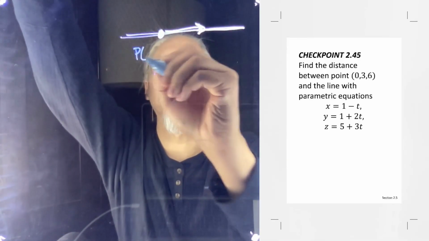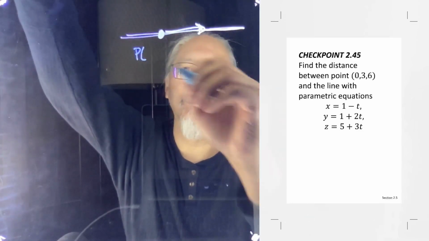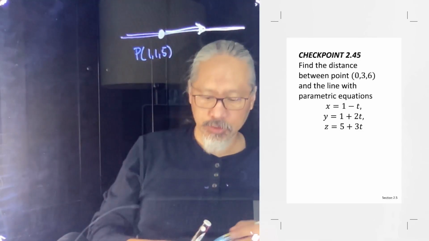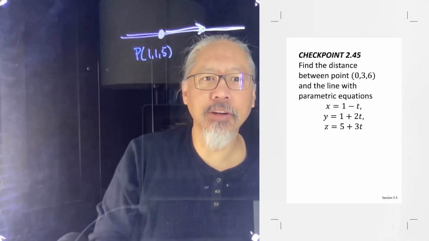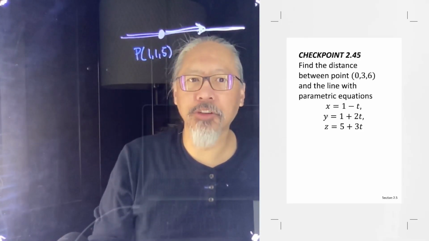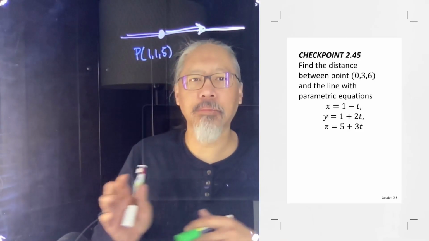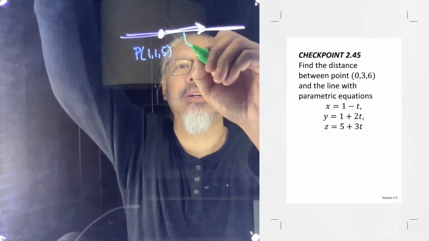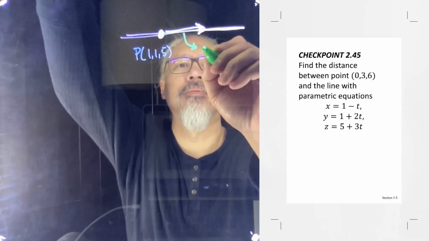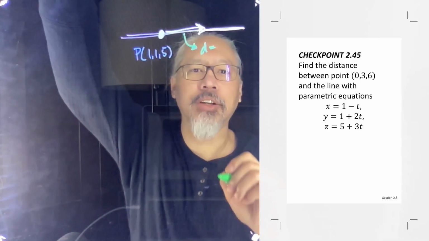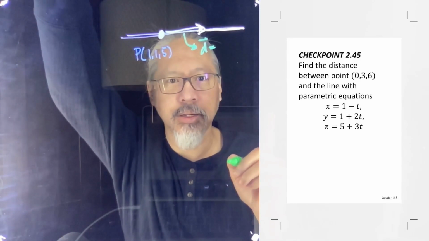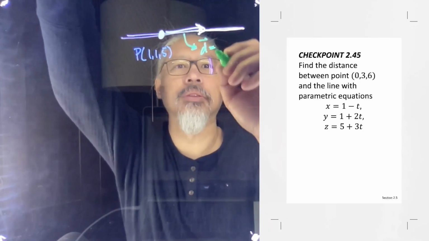So let's call this point Q, and that was (1, 1, 5). And then the direction vector is going to end up being the coefficients of t, because remember it's point plus t times the direction. Let's call the direction vector d, and that is going to be given by (-1, 2, 3).